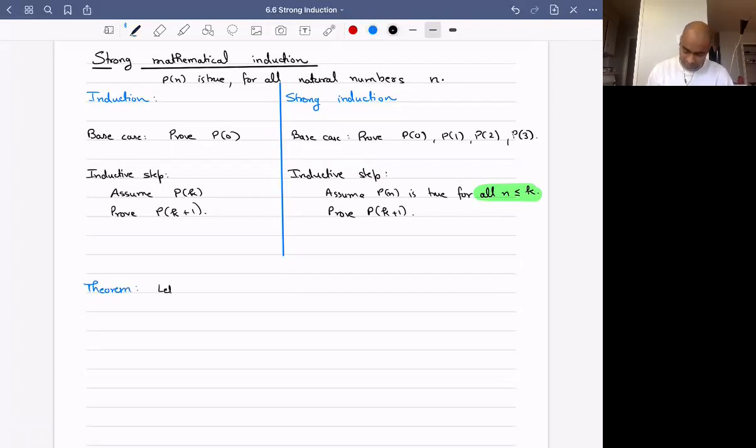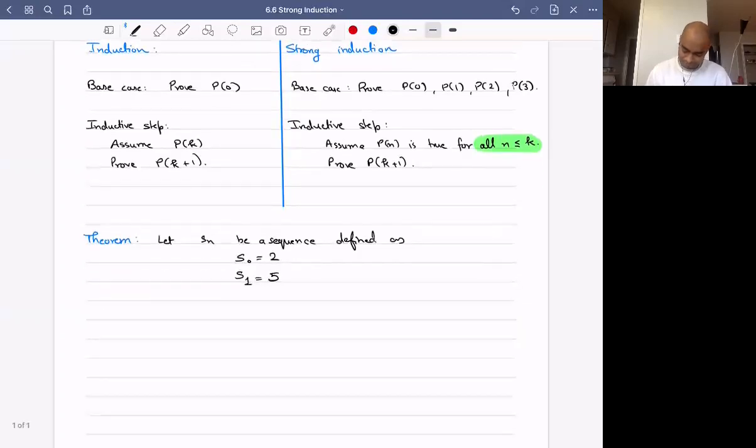So let Sn be a sequence defined as S0 is 2, S1 is 5, and Sn is 5 times Sn minus 1 minus 6 times Sn minus 2.